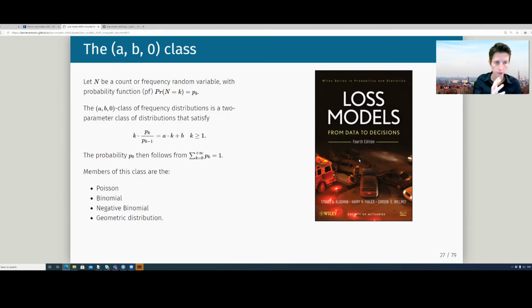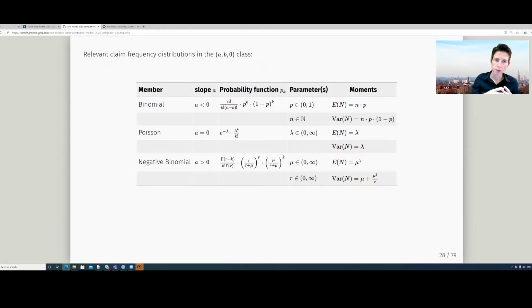We also remember that certain members of the class are very popular count distributions, like the Poisson and the negative binomial. What I want to do now is verify, on the data that we stored in the object MTPL, what this ab0 recursion would look like, and what kind of values we retrieve for the parameter a and the parameter b.